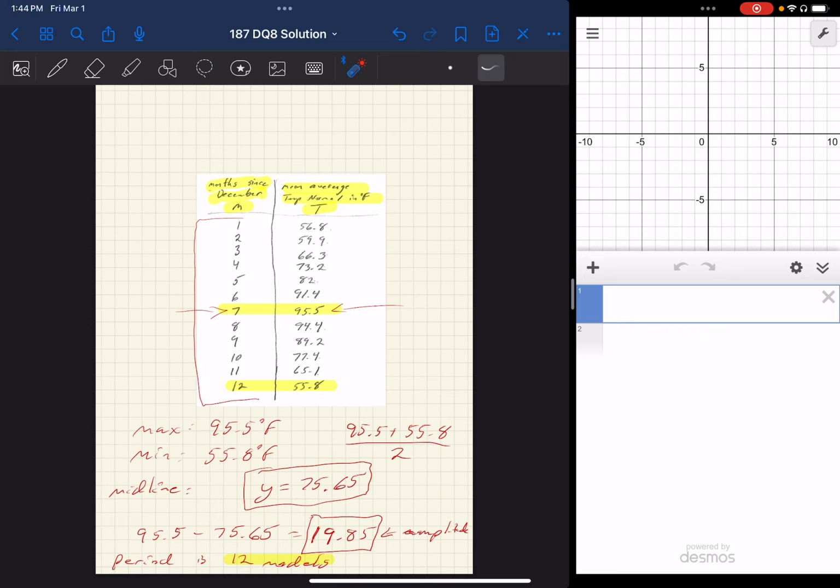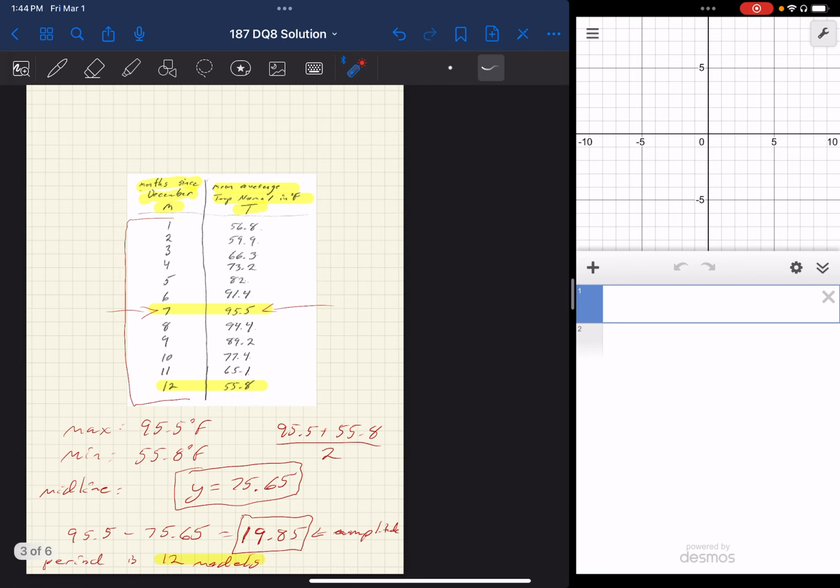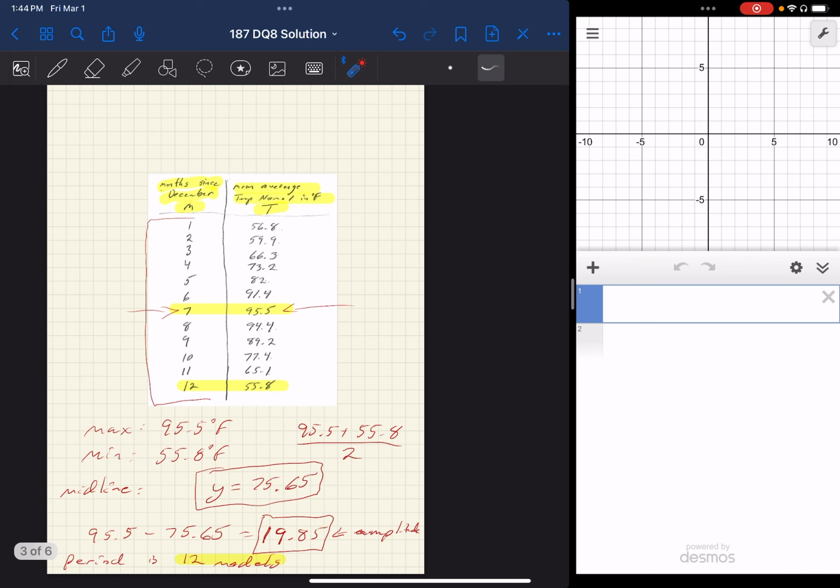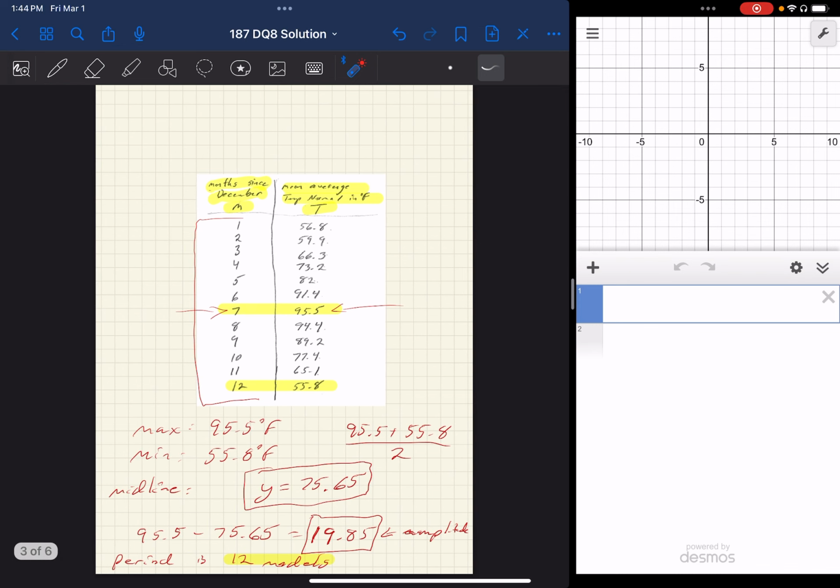Okay, so the next thing it asks for in the DQ is the graph, but I'm choosing to write the function first because what I really want the graph to be of is the model, not the actual data itself. And so what I'm going to do is write the function now, given the fact that I know the midline, I know the amplitude, and I know the period.